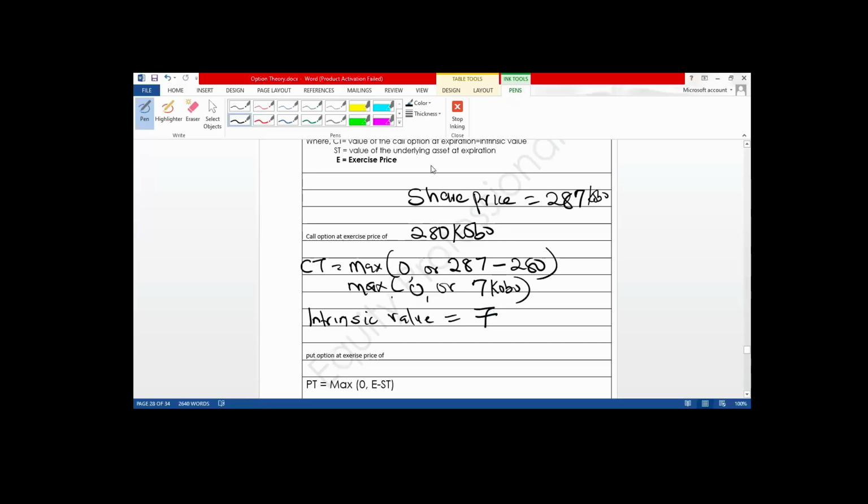Let me expand this more. We have used two exercise prices. Now let's take 290.